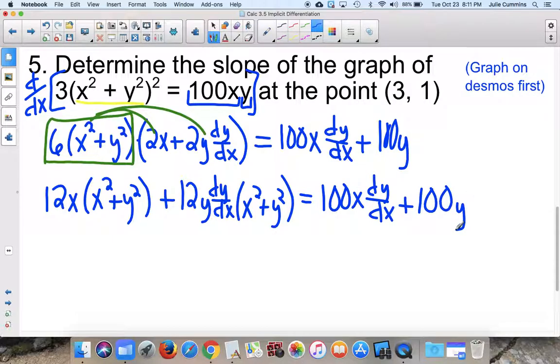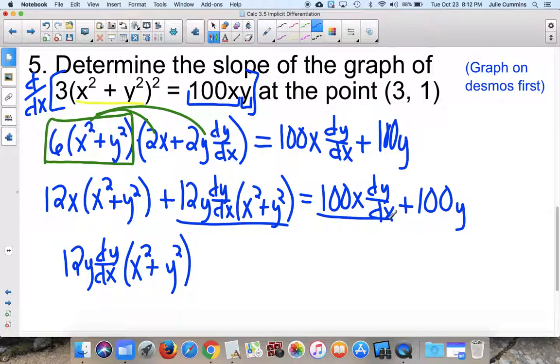All right, our goal is to get the terms with the dy/dx on one side and the terms without the dy/dx on the other side. Notice I have 2 terms with the dy/dx, one on the left, one on the right. So I'm going to move the dy/dx's to the left side. This one is staying put, so 12y dy/dx (x squared plus y squared).